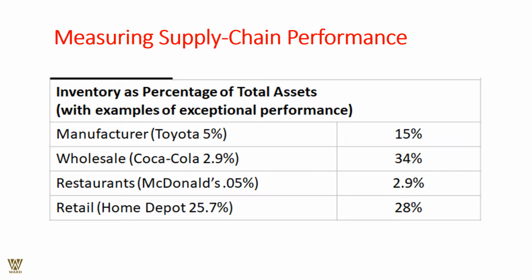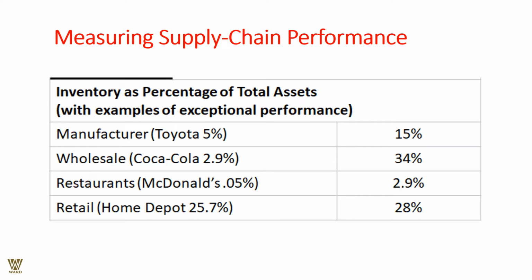Look, I'll give you certain exemplary performances by the leading companies. In manufacturing, usually the percentage invested in inventory is 15%. But look at what a manufacturer like Toyota is doing: they have approximately 5% of the capital blocked. Similarly, for wholesale, it's usually one third, 33, 34 percent. But Coca-Cola has a minuscule 2.9 percent. The restaurant McDonald's has an impeccable 0.05 percent.